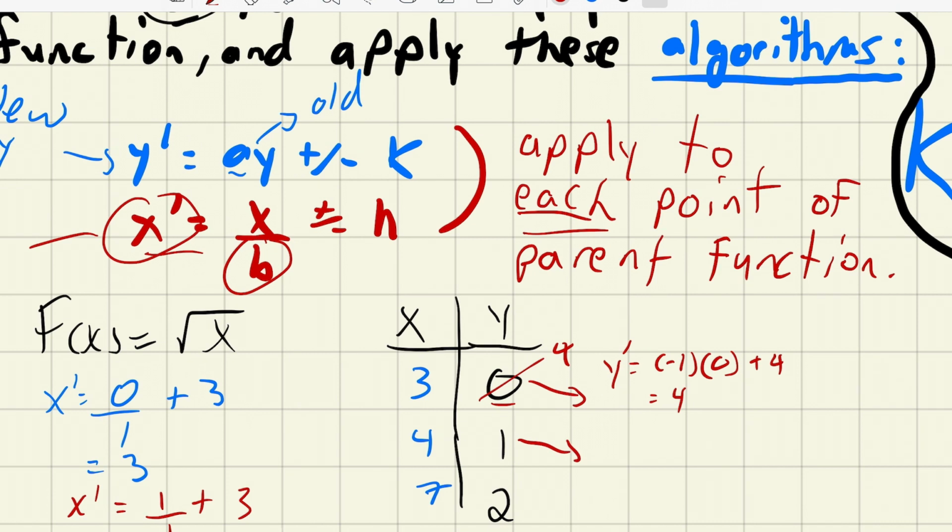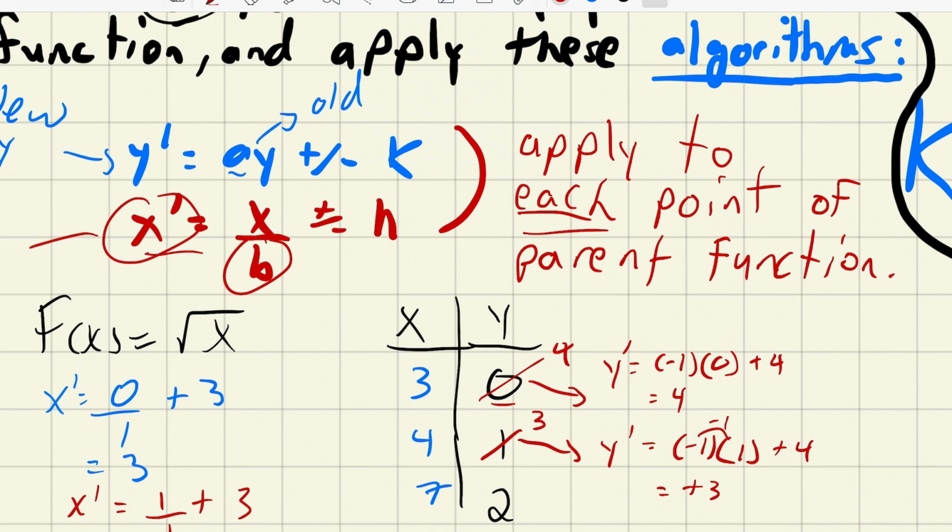Now for the 1, y prime is equal to -1 times positive 1 plus 4. That gives us -1 plus 4, which is positive 3. So now instead of 1, we're going to put 3.